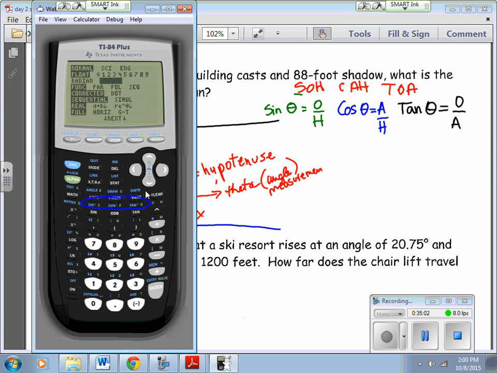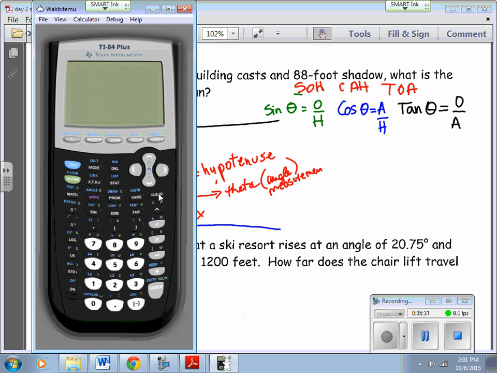And in order for you guys to get access to any blue button on the calculator, you always have to hit the button that says second, that's blue, and then go to the button that represents the value that you're trying to get to. So if I were to try to get sine inverse, I'd have to hit second. Now I want to get out of this screen now that I'm done and I made the mode degrees. You can hit clear.